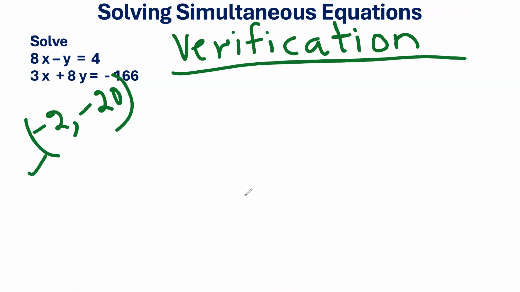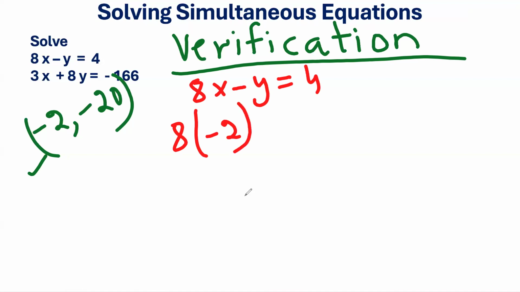So by substituting x is equal to minus 2 and y is equal to minus 20, I'm substituting in equation number 1. What is equation number 1? It is 8x minus y is equal to 4. Substitute the value of x. It is minus 2 here. And y is equal to minus 20.